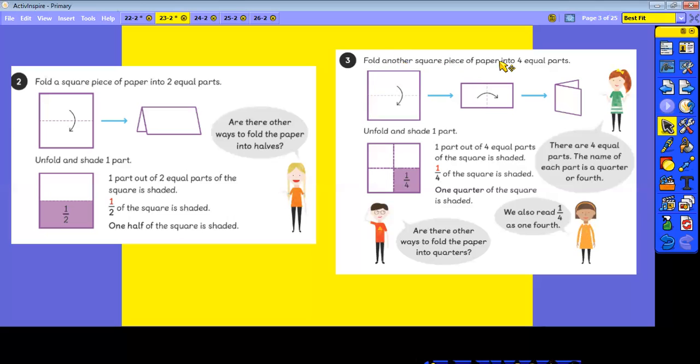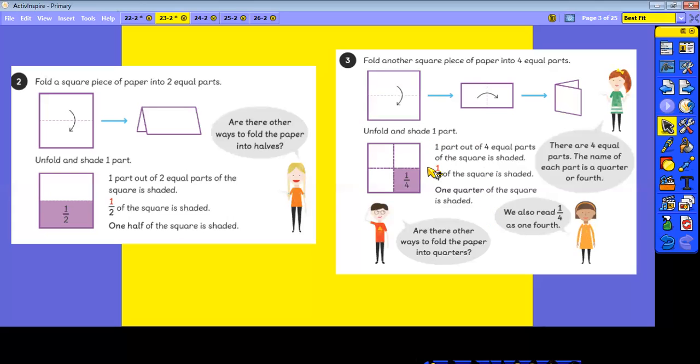Part 3. Fold another square of paper into 4 equal parts. Remember yesterday's learning on folding into 4 equal parts, children. There is more than one way to achieve this. Unfold and shade 1 part. So if you have got a square there and you can fold it into 4 equal parts, then you can follow this activity through practically at home.